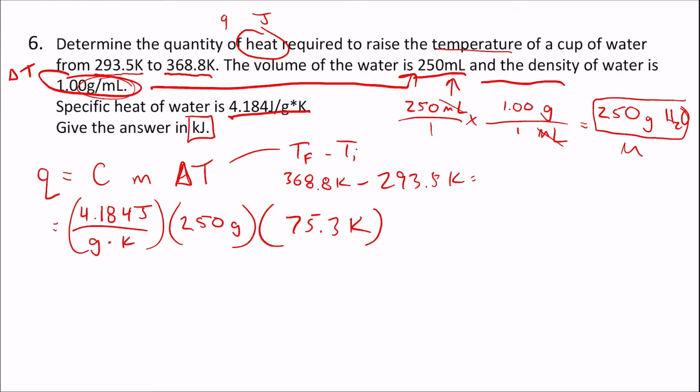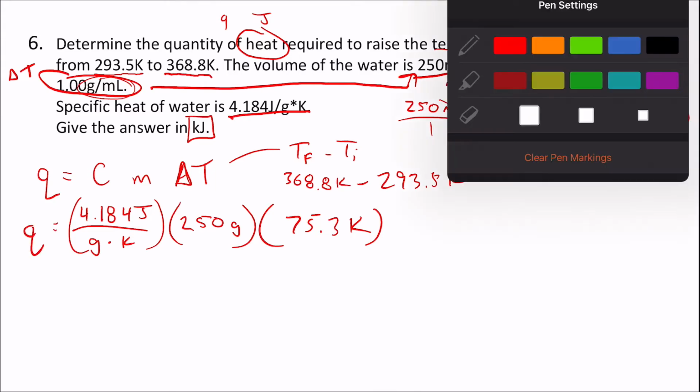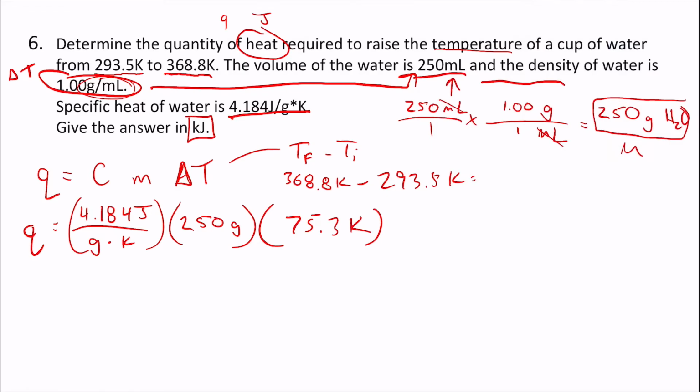All right, so now let's cancel some stuff out. So Kelvin cancels out, grams cancels out. That leaves us with joules, Q. And now we just have to multiply it all together, and you're going to get 78,763 joules.